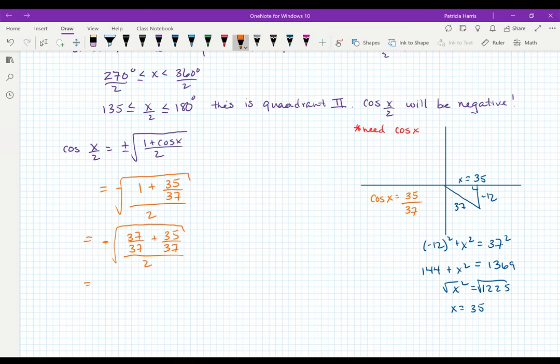Okay, 37 plus 35, let's see, that would be 72 over 37, divided by 2, negative.